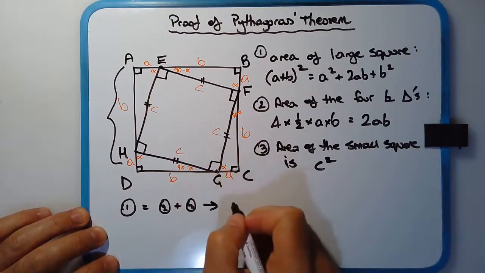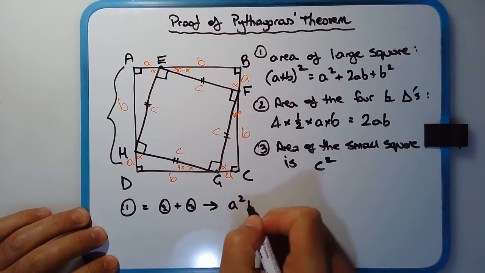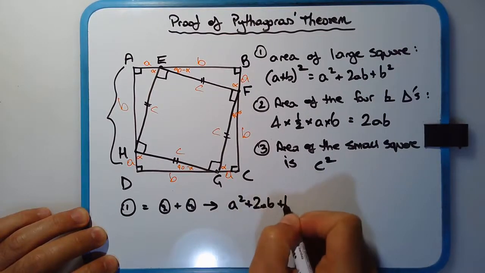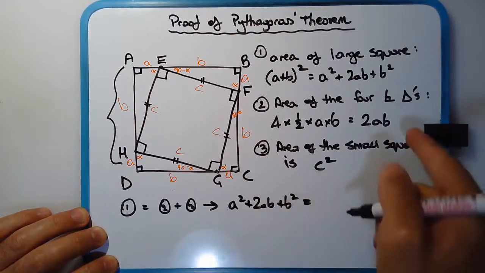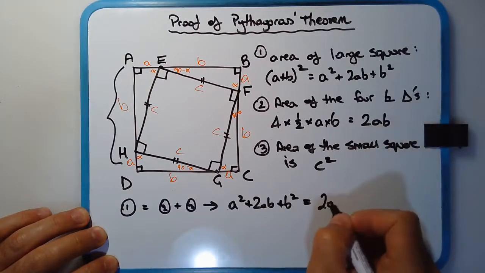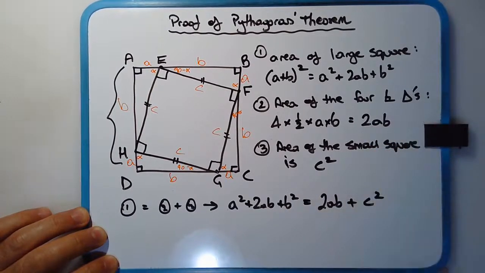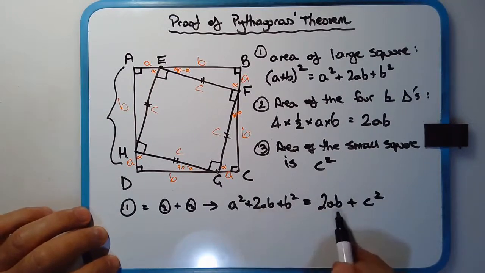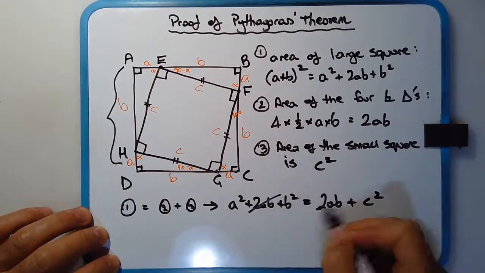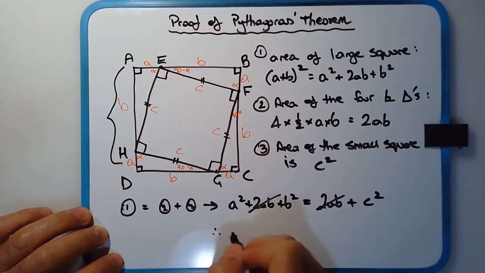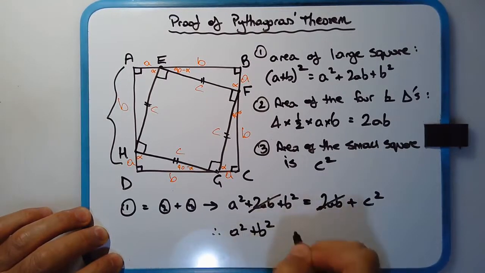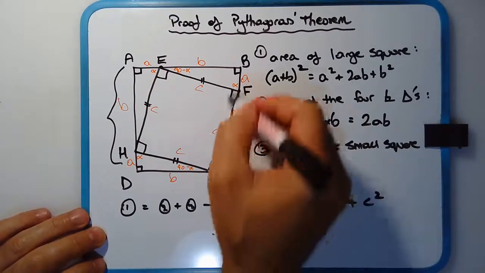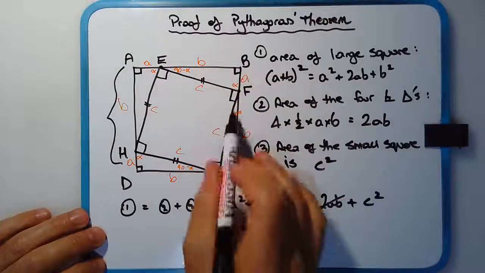In other words, a squared plus 2ab plus b squared is equal to 2ab plus c squared. Notice that we have a 2ab on both sides of the equation, and that can be crossed off. So therefore, a squared plus b squared is equal to c squared. And c is the hypotenuse of the right-angled triangle.